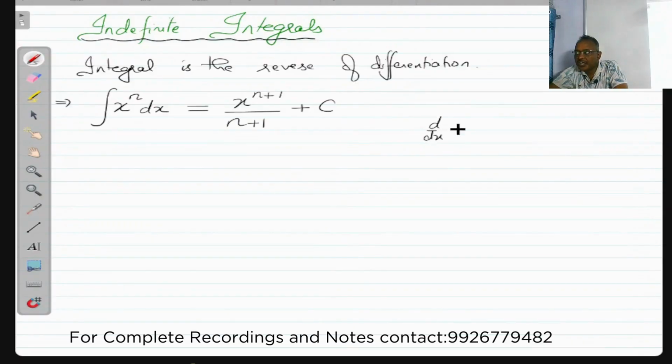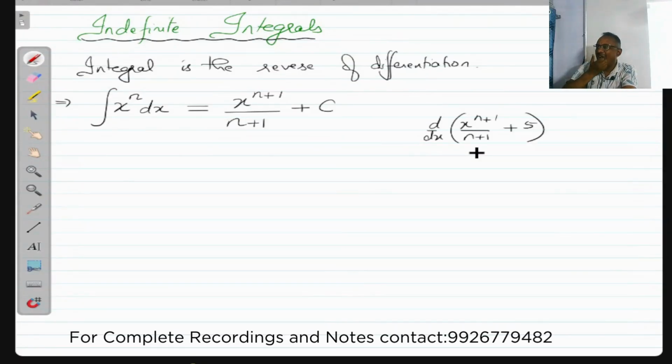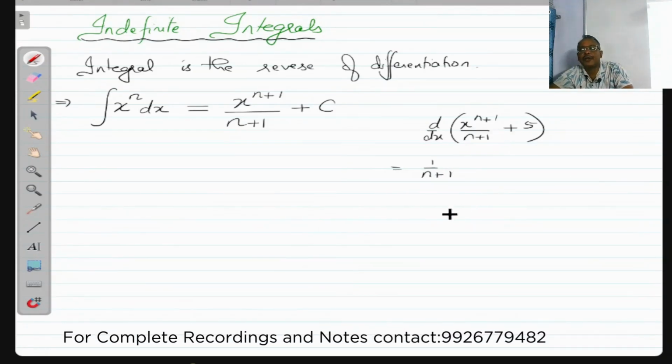Let us differentiate x to the power n plus 1 upon n plus 1 plus any constant, say 5. Now 1 by n plus 1 is a constant. Whenever there is a constant, we don't touch it. Constant here 1 upon n plus 1, I don't touch it.